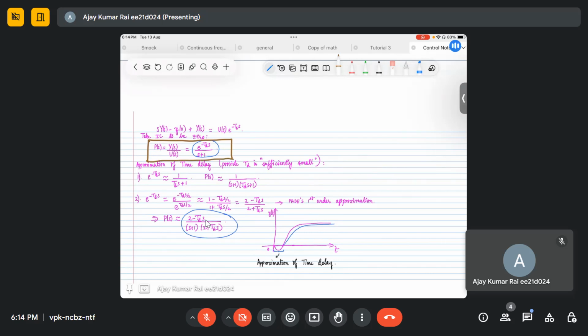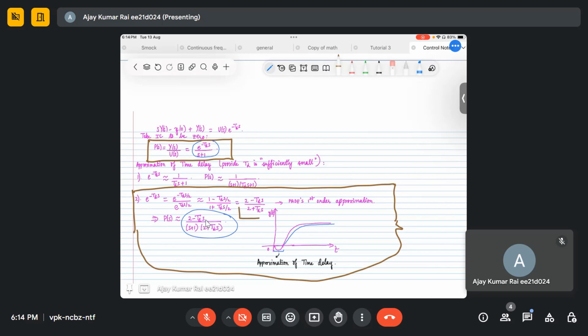The important one is the Padé first order approximation. Whenever you get any delay in the input, you have to use the Padé first order approximation. Basically, just replace the e to the minus TD s term with this expression.